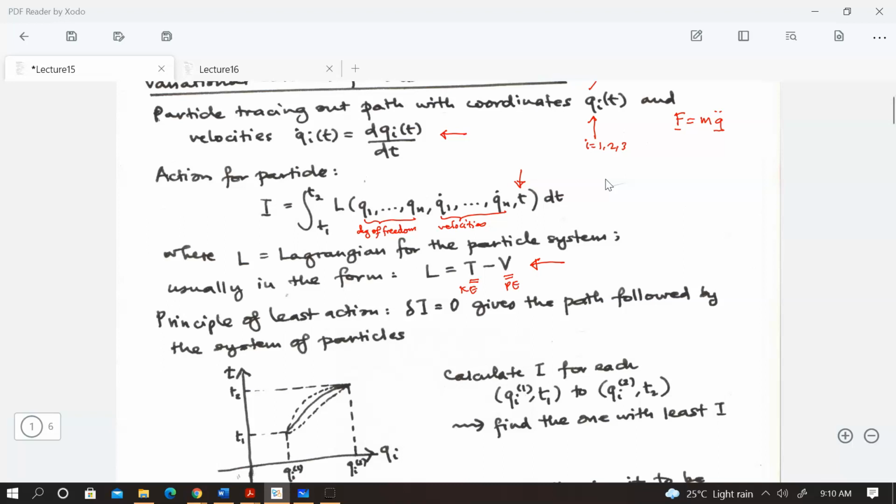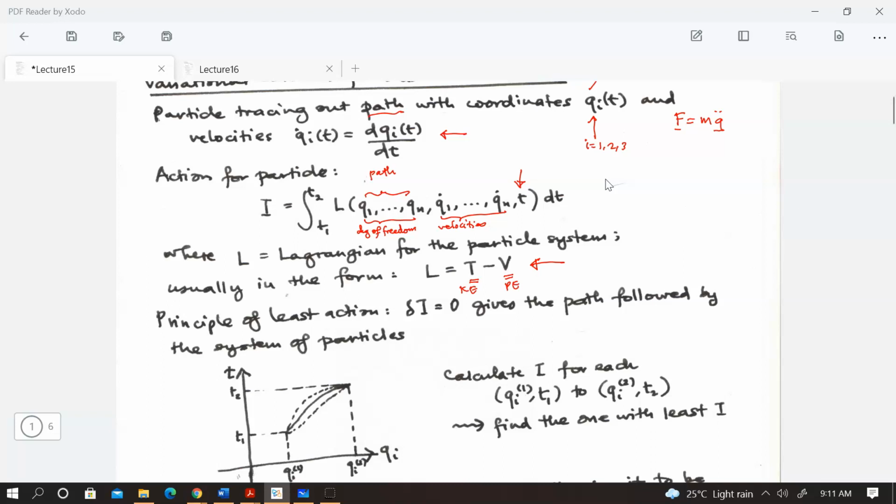What we need to do is to think of all these qi and qi dot as something that can be varied, meaning this might not be just a specific path. One can talk about your qi giving you a path, but the path can be varied.